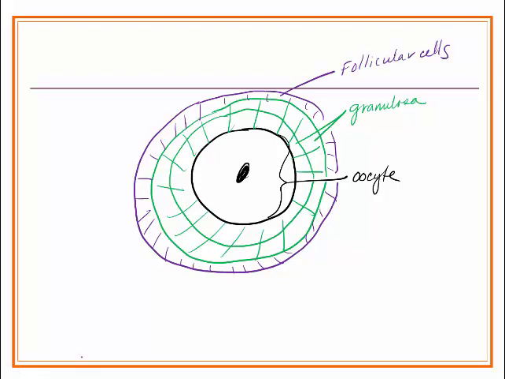Okay. Now, in the tissue surrounding the follicle in the ovary, you have cells that surround the follicle in the extracellular tissue. These cells are called theca, or thecal cells. Okay. Now, the granulosa, as we described, produces an enzyme called aromatase.